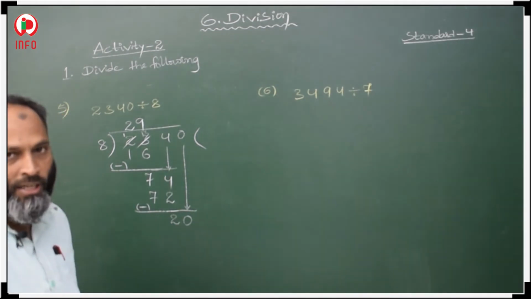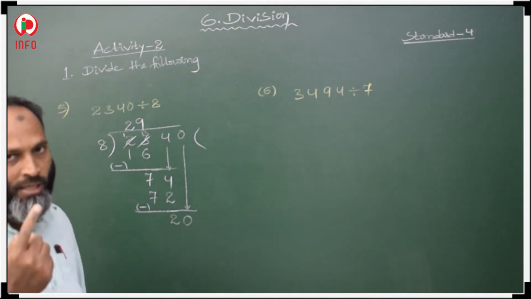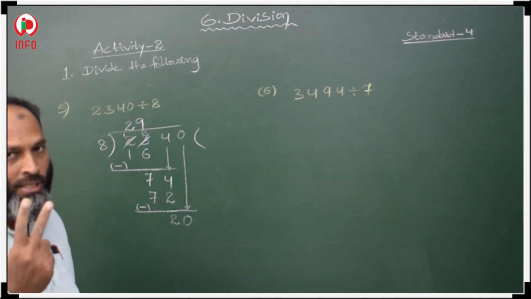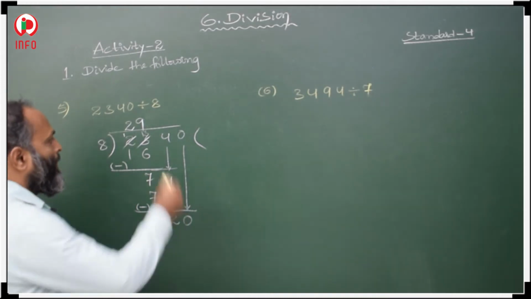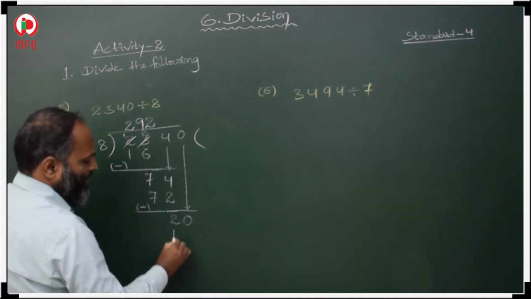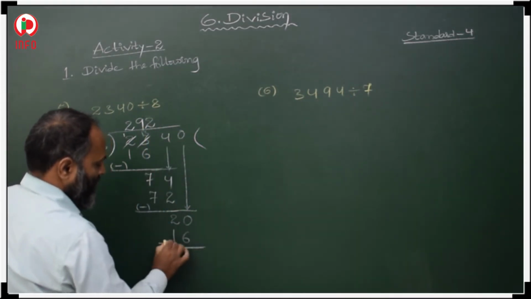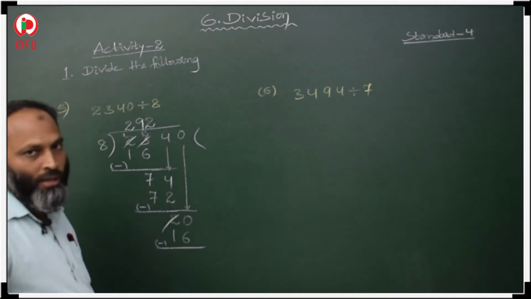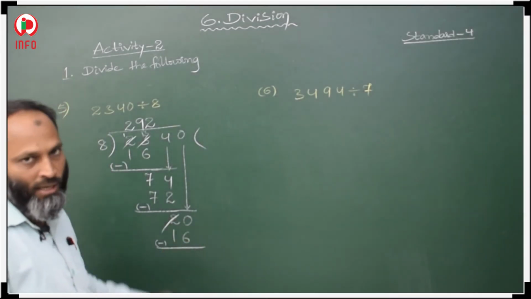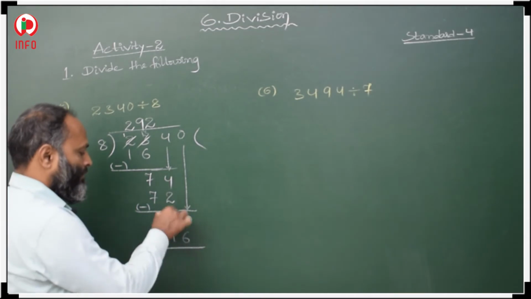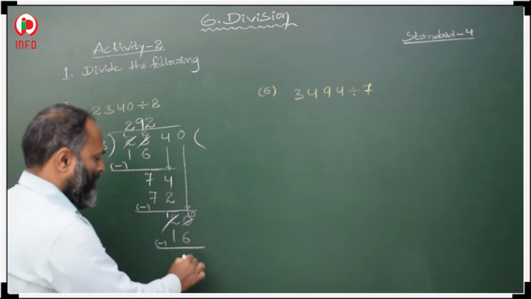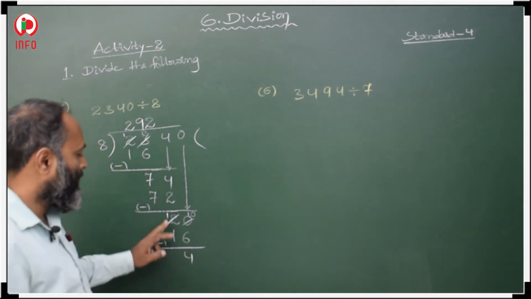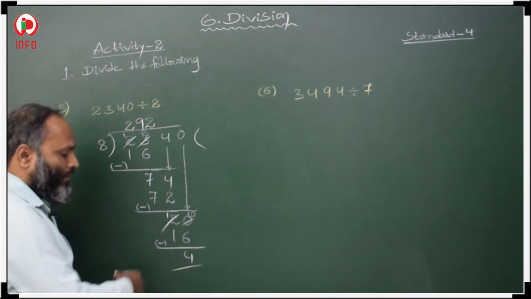When you will get 20 in the 8 table, 8 twos are 16, now minus, borrow from here, why? Because the top digit is less, so here 1, here 10, 10 minus 6 is 4, 1 minus 1 is 0, no need to take.